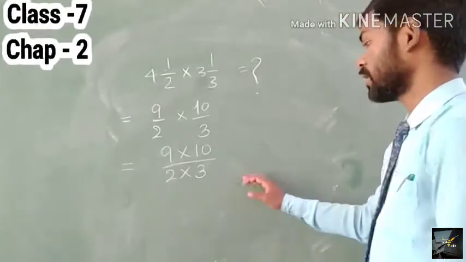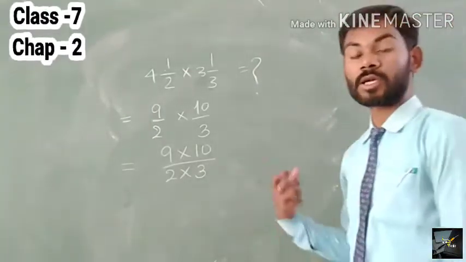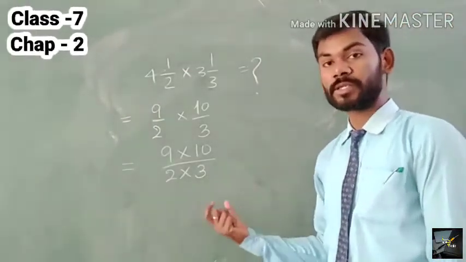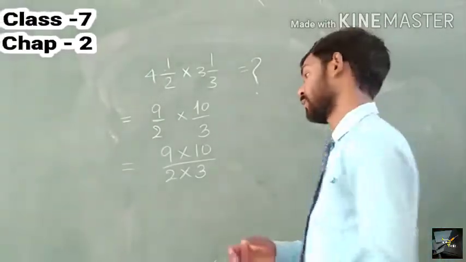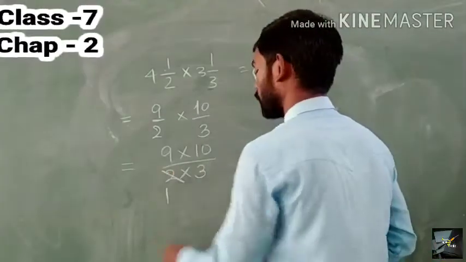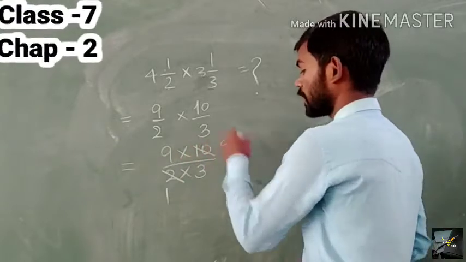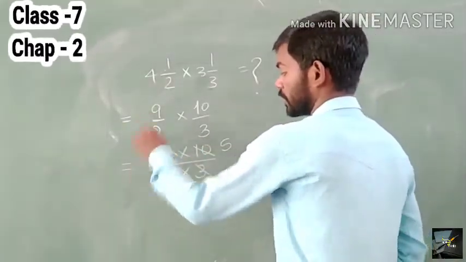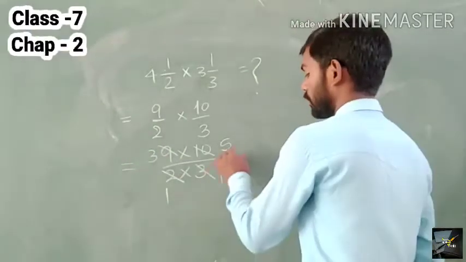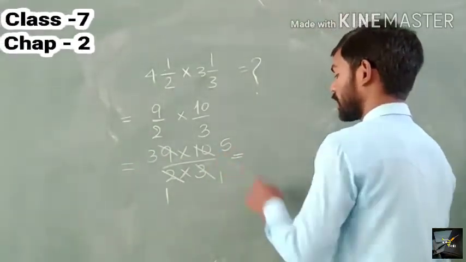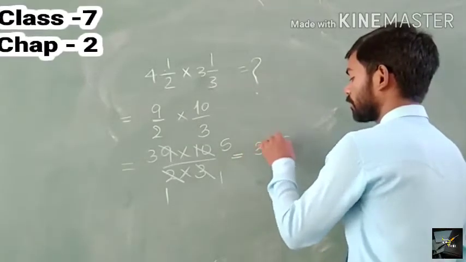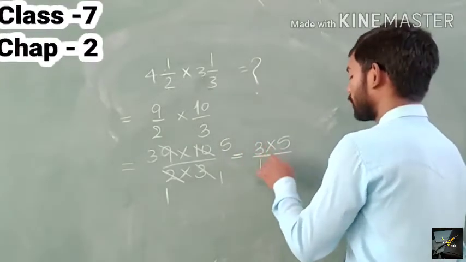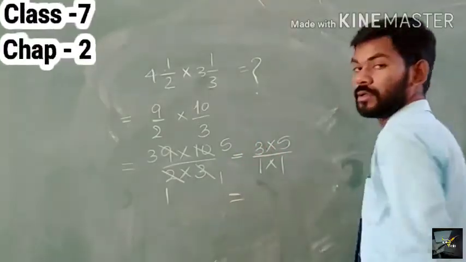As I told you, if we see a common factor in the fraction, we remove it. Therefore, we can see that 2 ones are 2, 2 fives are 10, 3 ones are 3, 3 threes are 9. So here we get 3 multiplied by 5 upon 1 multiplied by 1.